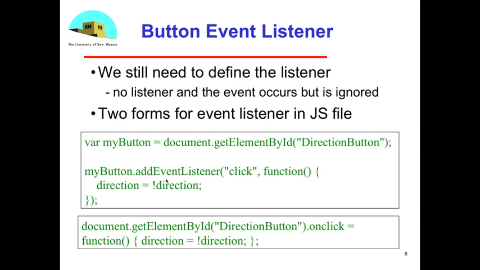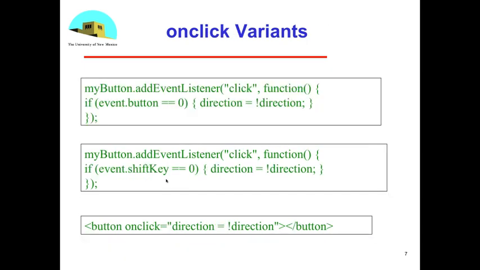A couple other ways we can do that is we can add an event listener, and suppose we want to use a multi-button mouse, and I want to be able to say, well, I only want to use the left button, which is assigned a value of 0.